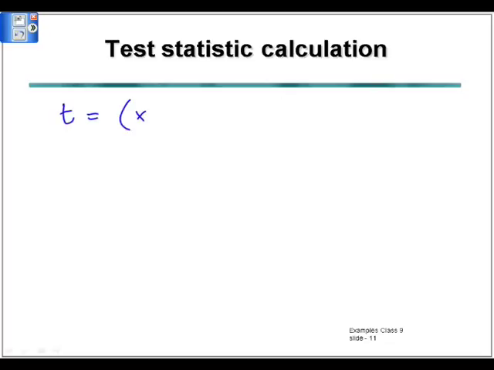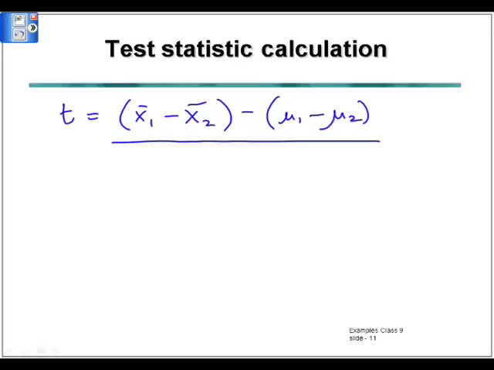On the denominator here, we'll be looking at S1 squared over N1 plus S2 squared over N2, using the sample statistics for each of the samples. Now notice that those formulas there relate to first sample and second sample.